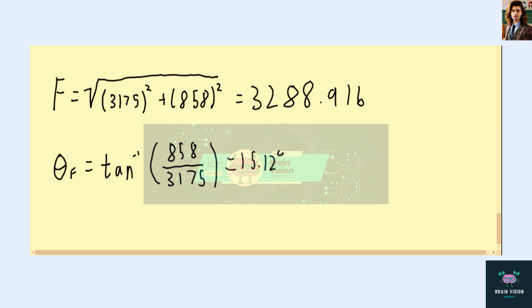So for our final answer, we can say that the force at point F is equal to 3,288.99 pounds, and it's going in a direction downward at an angle of 15.12 degrees.